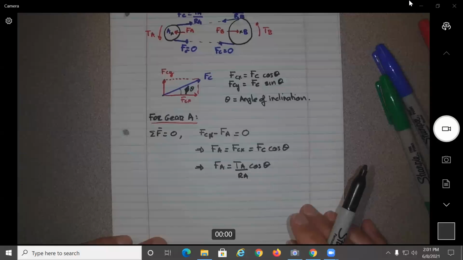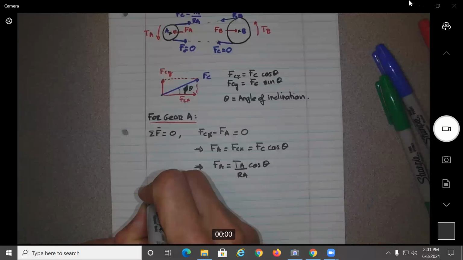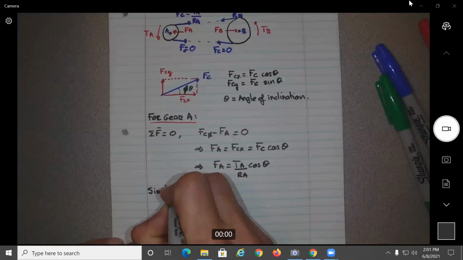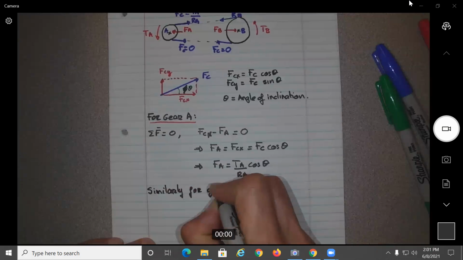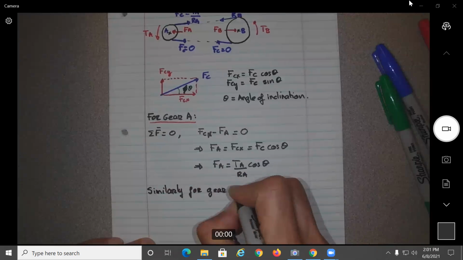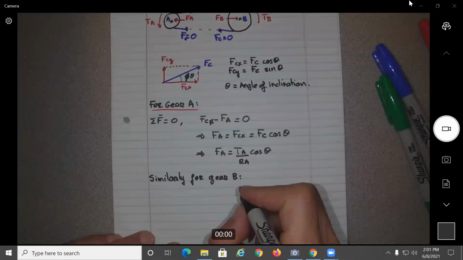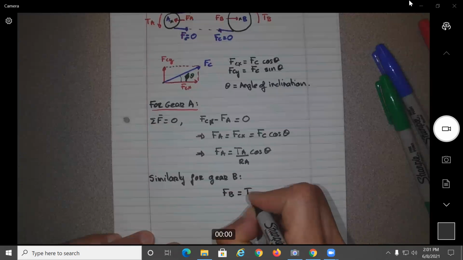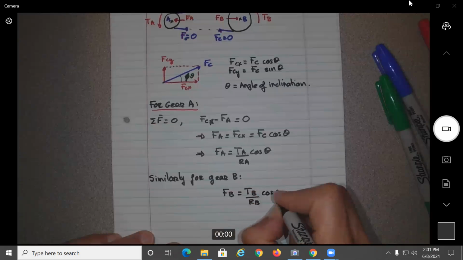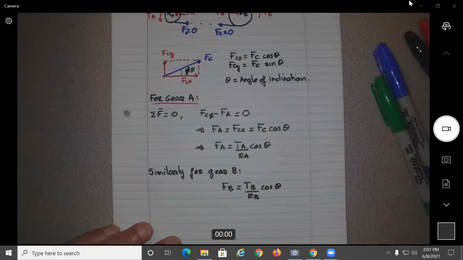All right, so similarly for gear B, you will find F_B will be equal to T_B over R_B cosine theta.